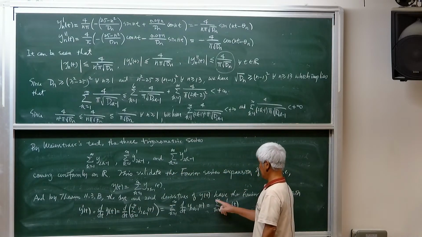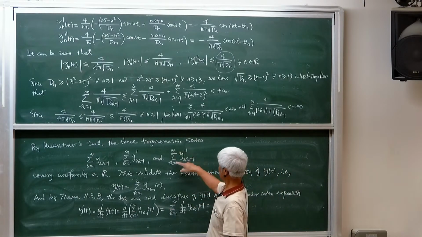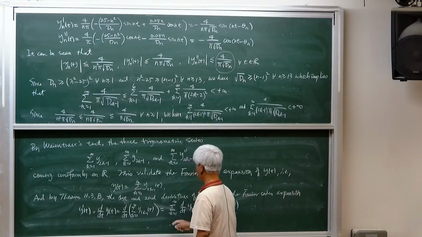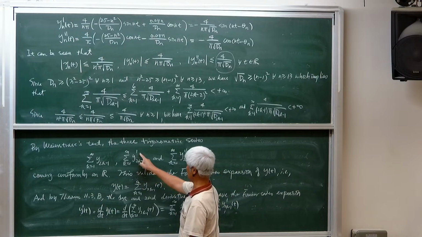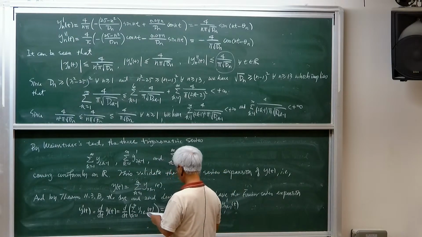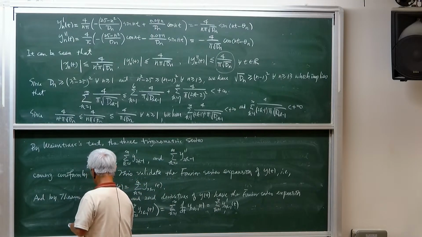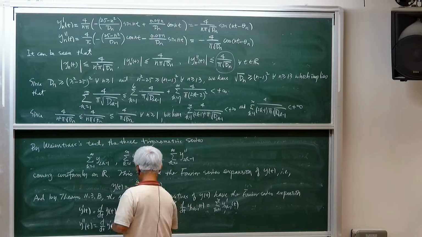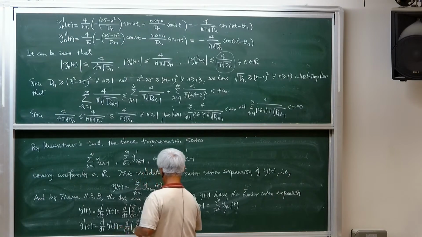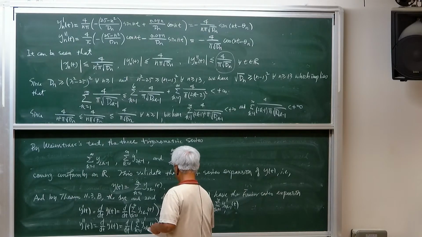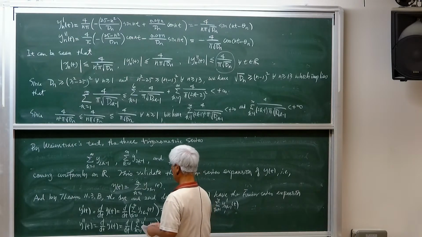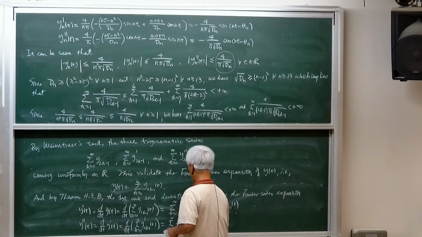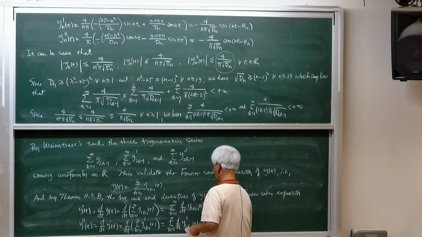Again, because this converges uniformly, the convergence is also uniform. So for y''(t), which is d/dt of y'(t), the summation k from 1 to infinity of y'_{2k-1}(t) is equal to the summation k from 1 to infinity of d/dt of y'_{2k-1}(t), which is the sum of y''_{2k-1}(t).